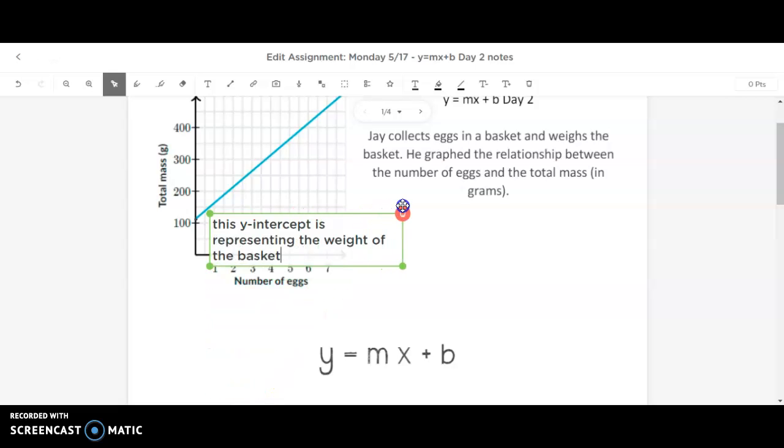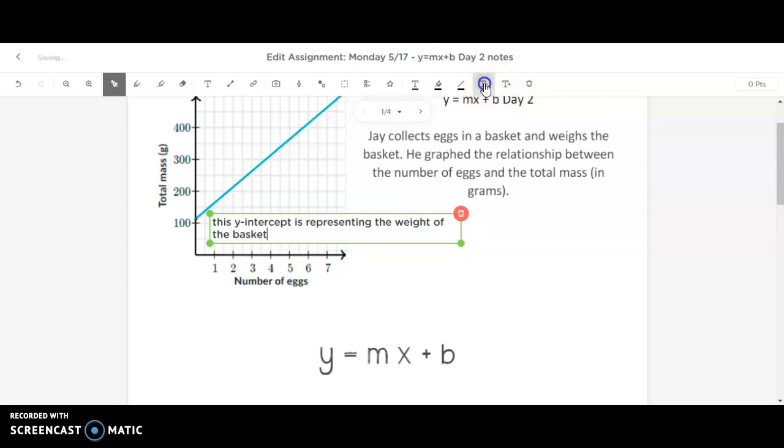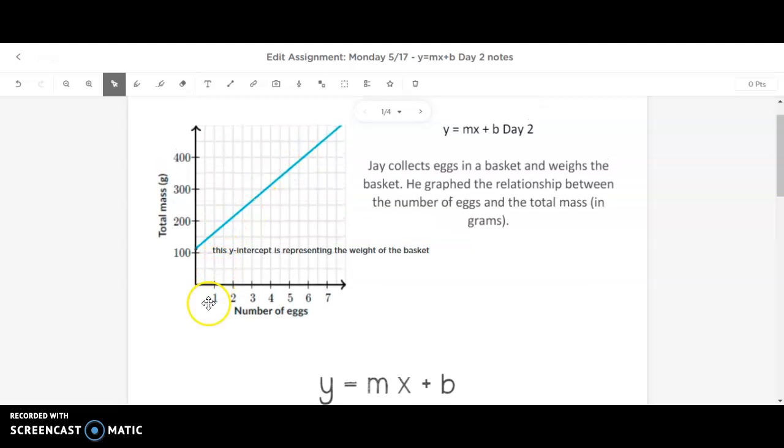And then one of the other things that we can look at when we take a look at this graph is that we actually have a slope here, and it is increasing. It's hard to tell on this particular one just because of the numbers that are involved, so they're not exactly perfect ones. But as we look at the change from 1 to 2 eggs, we also see a change in the mass of the basket.